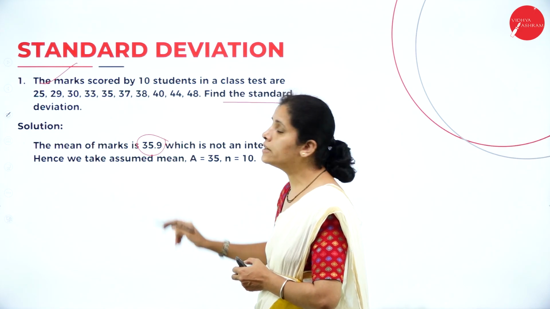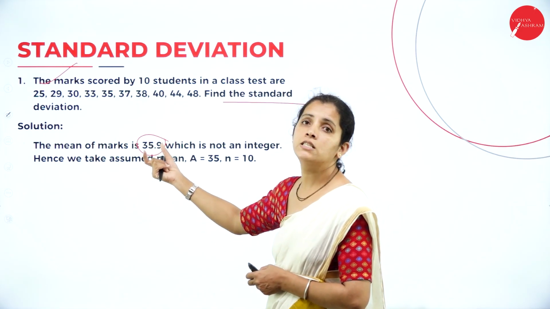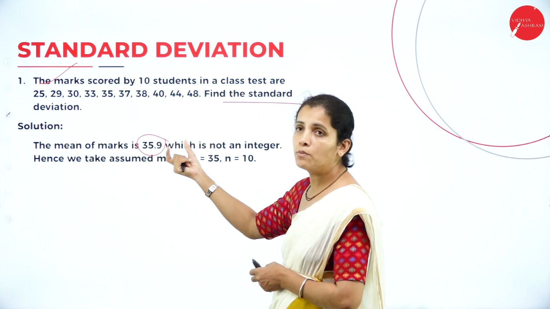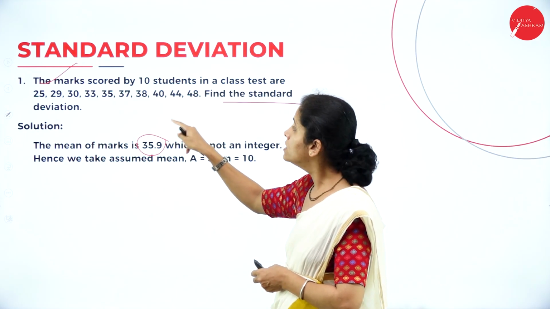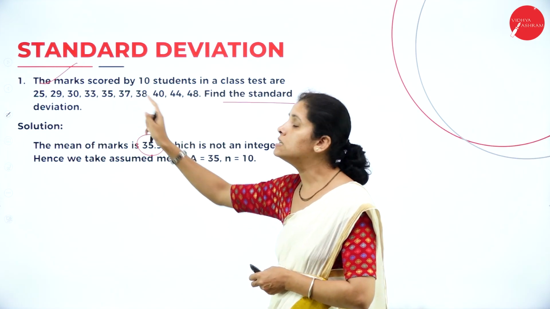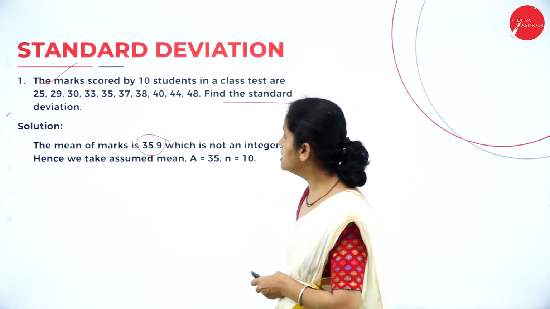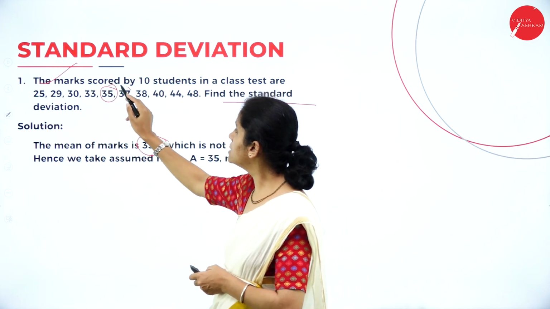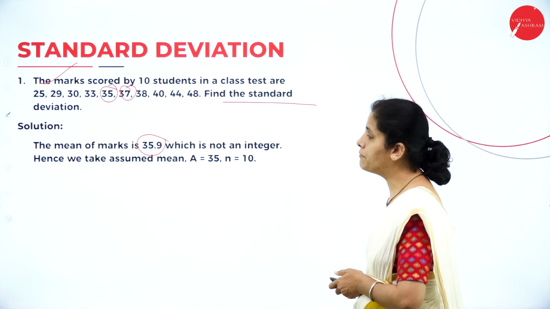That is 35.9. By using this, it is difficult to perform the calculation. So in the given data, I am going to see which value is nearer to 35.9. I have 35 and I have 37. So I am going to consider 35.